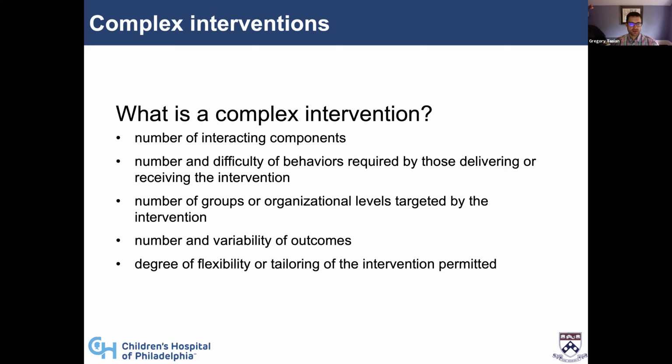These factors include the number of interacting components, the number and difficulty of behaviors required by those delivering or receiving the intervention, the number of groups or organizational levels targeted by the intervention, the number and the variability of outcomes in the study, and finally, the degree of flexibility or tailoring of the intervention permitted within the study design.